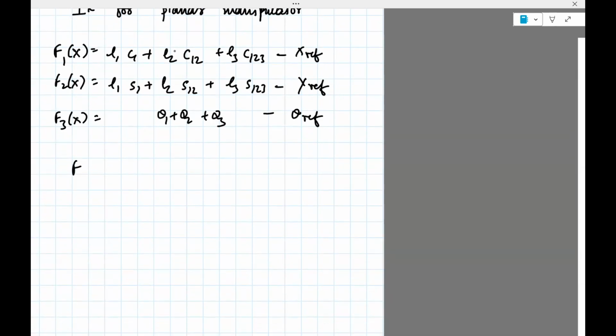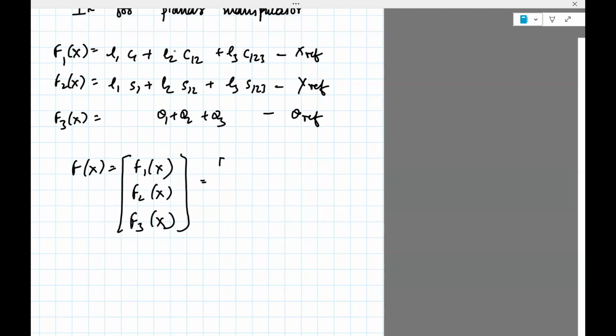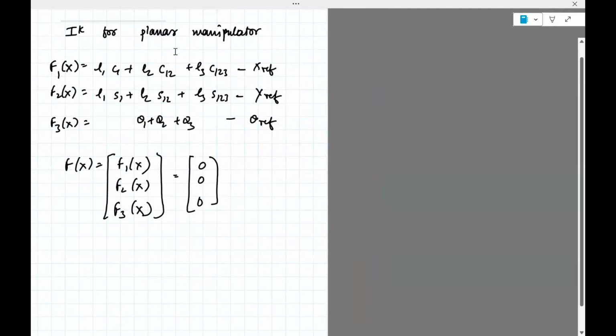So f of x is f1 of x, f2 of x, f3 of x equal to 0, 0, 0. And note that the thing you are interested in solving for is x, which will contain theta 1, theta 2, theta 3.